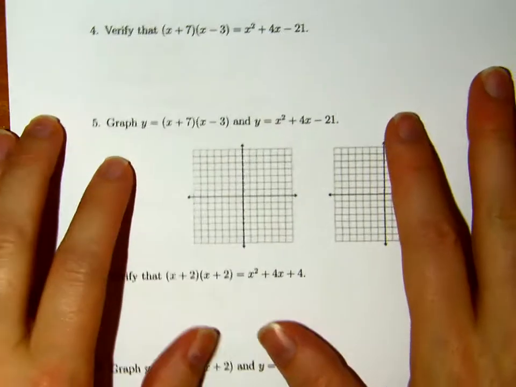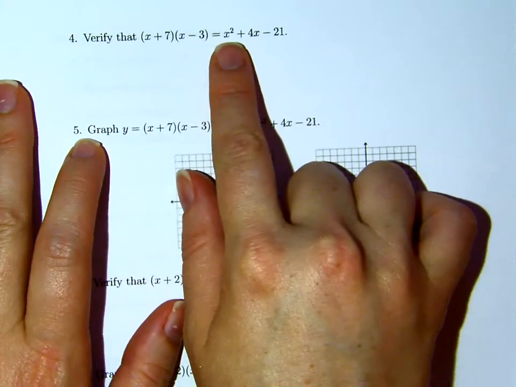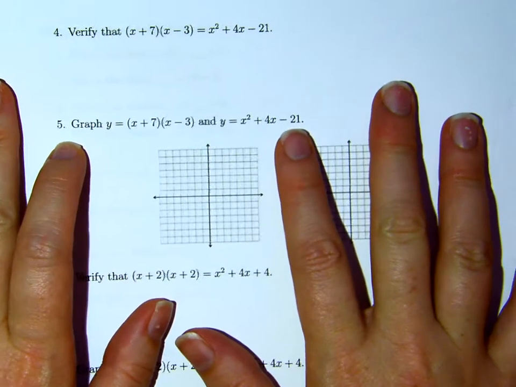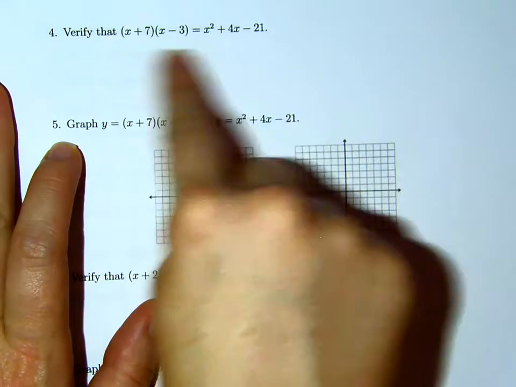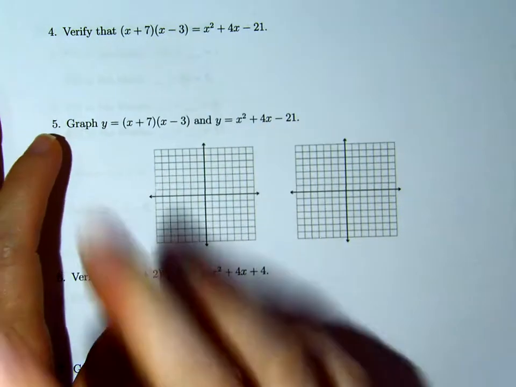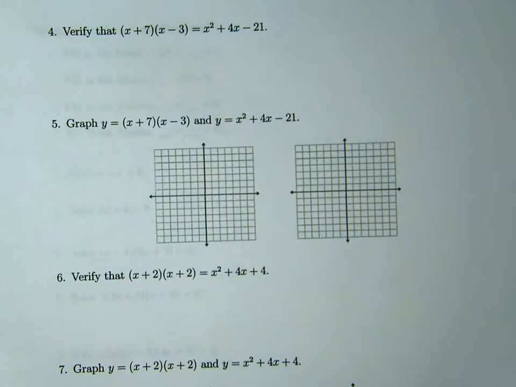Okay, so now it's saying this has been done correctly, verify. We are going to verify in two ways, yes? We're going to verify it by distributing, because we definitely need to remember how to do that. So let's do that quick.